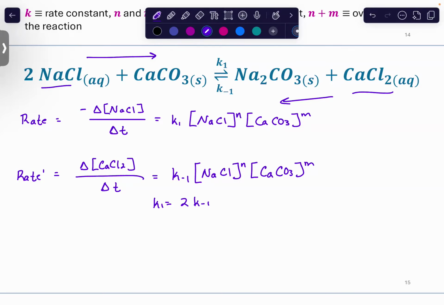So what this is saying is the forward rate happens at twice the reverse rate. I'm getting mixed looks of I don't know and I don't want to.